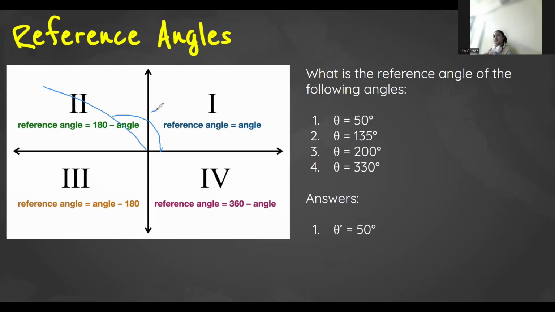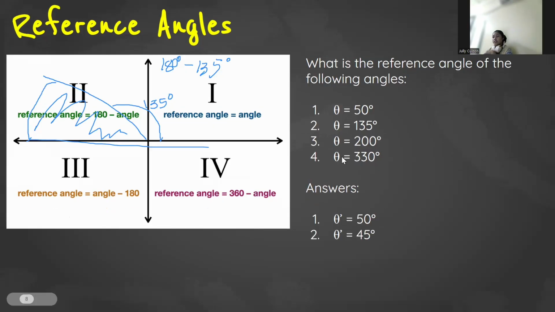If we measure, we look for the angle that is less than 90, so this one obviously. So how much is this? Half of the circle is 180 degrees. 180 degrees minus 135 degrees, so we get the answer of 45 degrees.